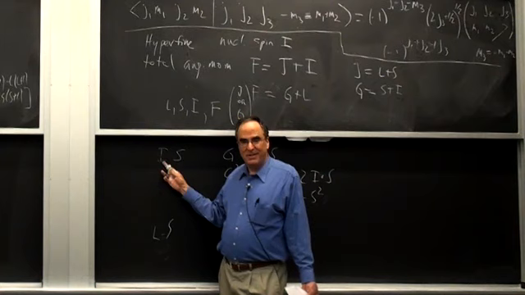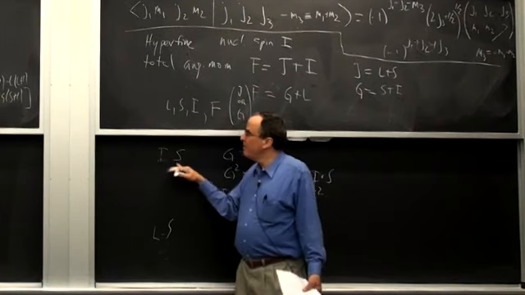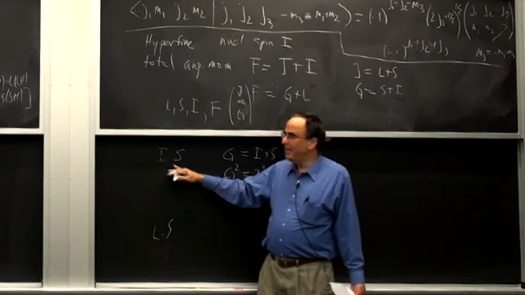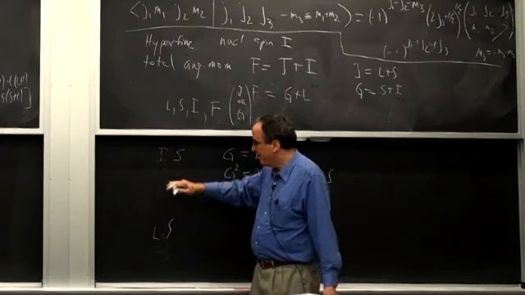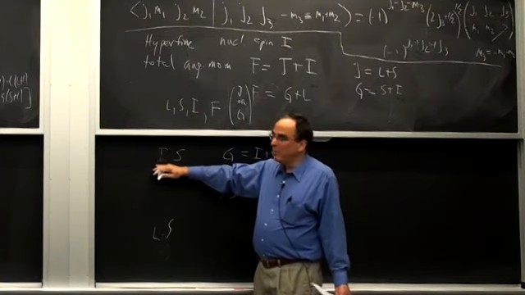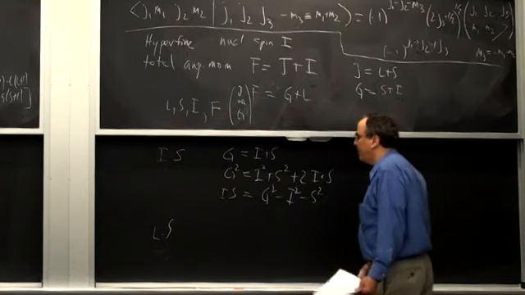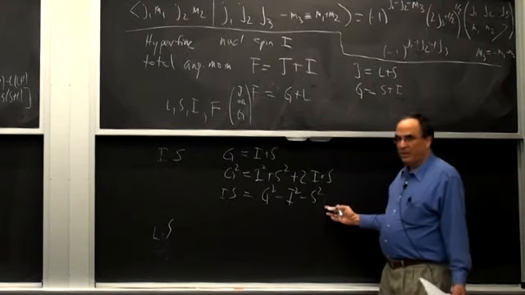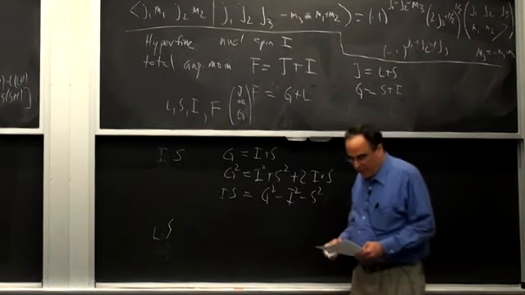So you do this. And so for all states where L is 0, in other words, S states, the hyperfine will be defined by this operator. And so in this, you're going to use that particular coupled basis.